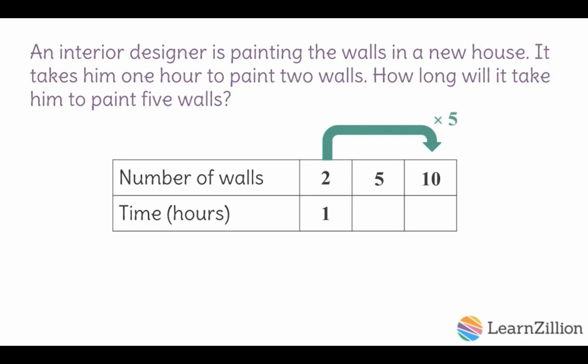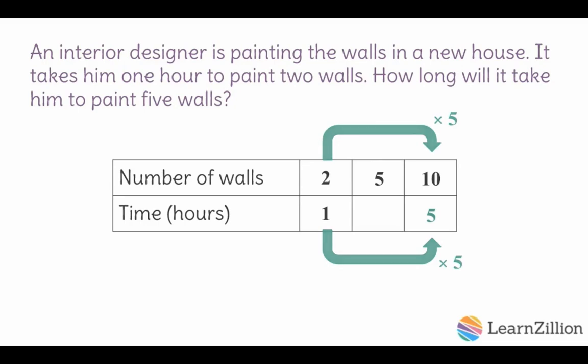If I'm going to multiply the number of walls by 5, I also have to multiply the number of hours by 5. This tells us that the painter could paint 10 walls in 5 hours. Now, we were originally asked to find how long it would take this painter to complete 5 walls. So we know how long it would take him to complete 10 walls.